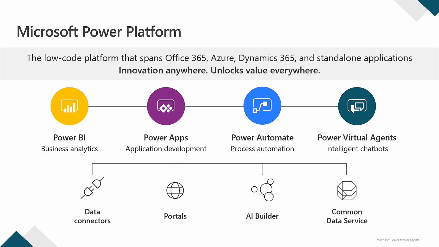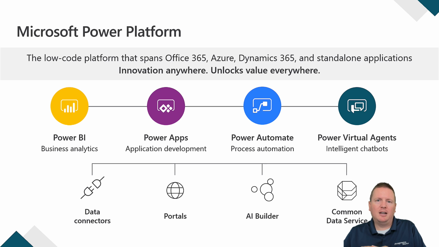Power Virtual Agents is all around building intelligent chatbots that can not only automate conversations with customers, but make them even feel personal and make them actionable, so they can actually take forward requests from customers and not only respond to them, but actually do additional actions. And this whole Power Platform has a lot of interconnectivity between the various tools. There are hundreds of data connectors that all of the different systems can use.